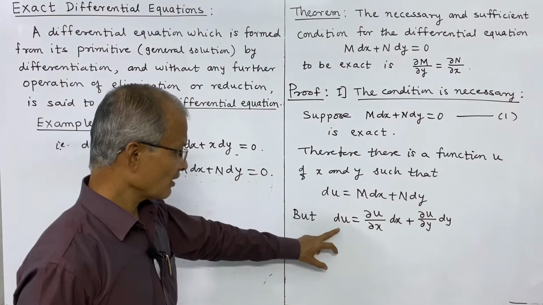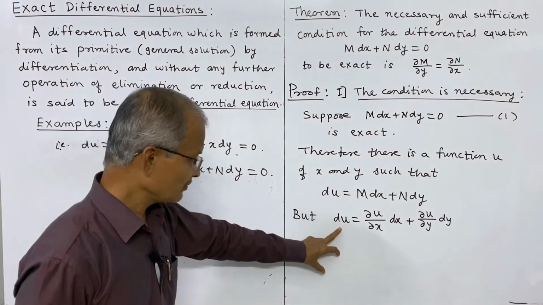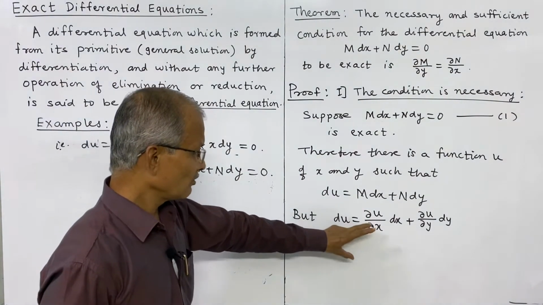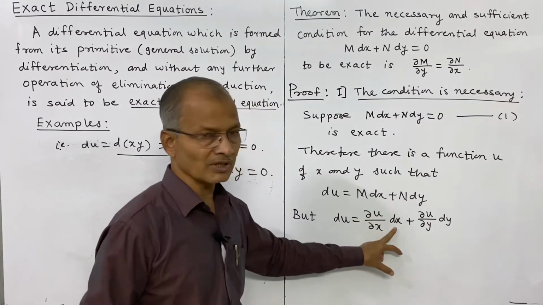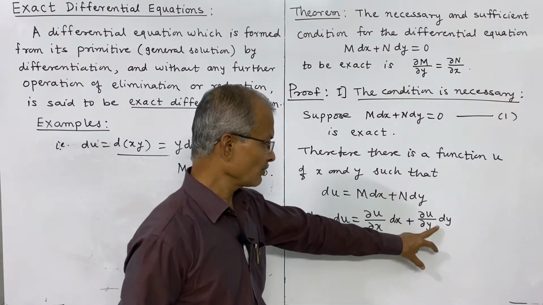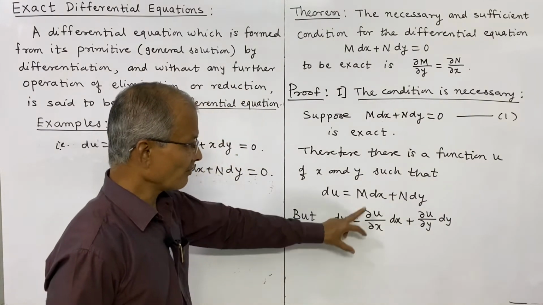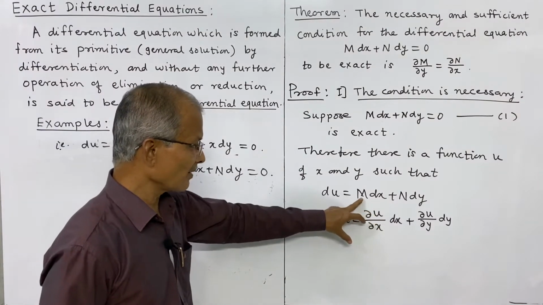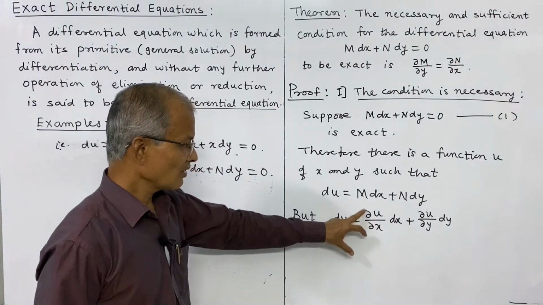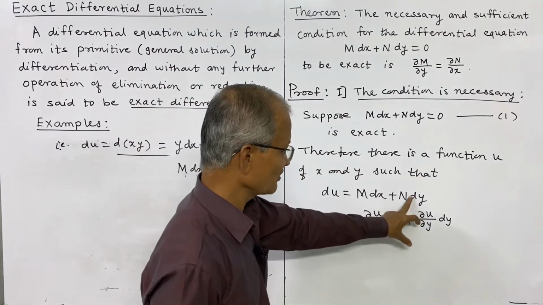Now comparing these two, comparing their coefficients on the right side, the coefficient of dx is m here, and here it is dou u by dou x. So these must be equal, and n also must be equal to dou u by dou y.